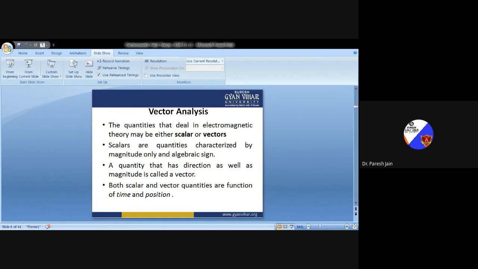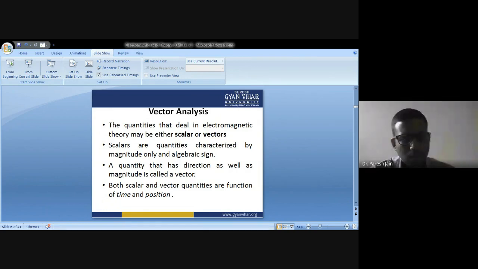A quantity that has direction as well as magnitude is called a vector. Next term is the vector. Vector is the quantity which has some direction, which shows the direction of the quantity, and as well it shows the magnitude of the quantity. So there is a difference between vector and scalar quantities.